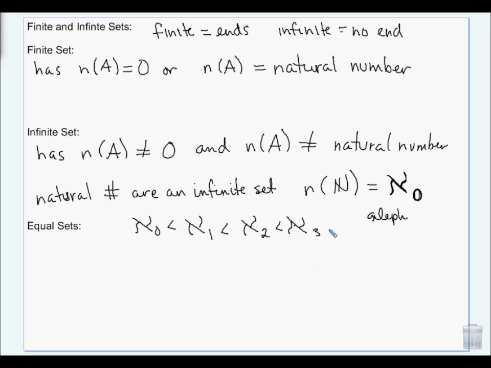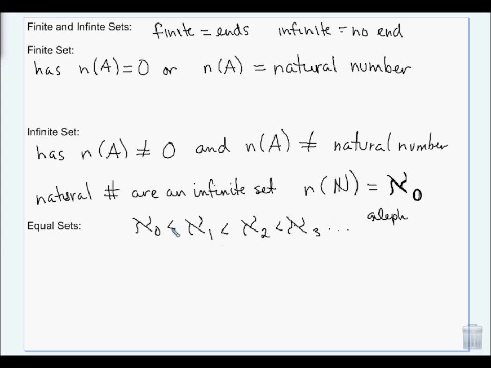So this 0 is the natural numbers. This is the whole numbers. This is the integers. This is the rational numbers. Okay.